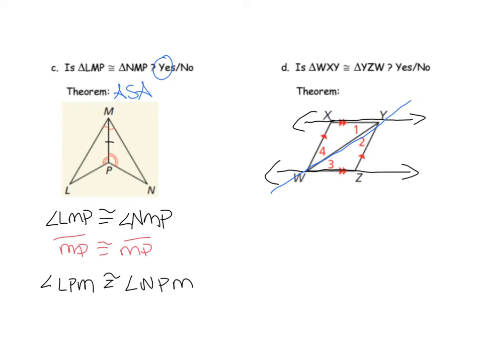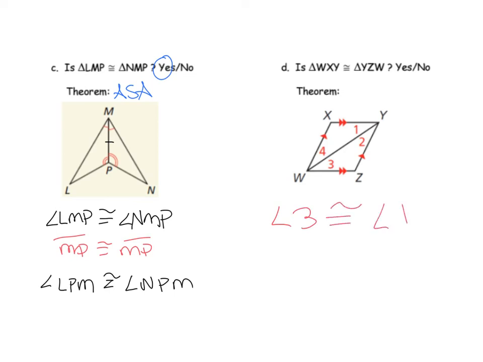Okay, so I'm going to take away my picture now. That should help us in establishing which angles are congruent. If you recall that picture, we would see that angle 3 is going to be congruent to angle 1.